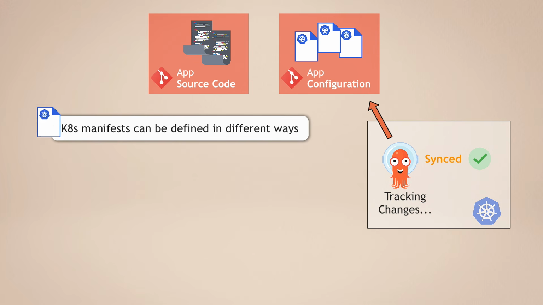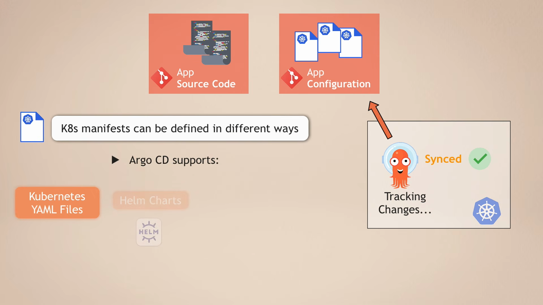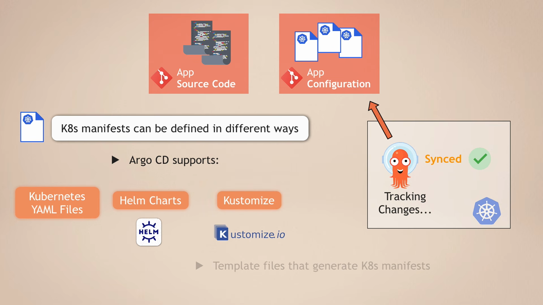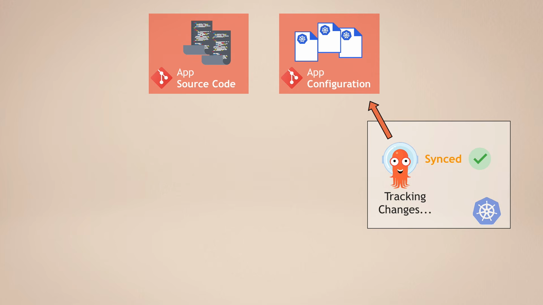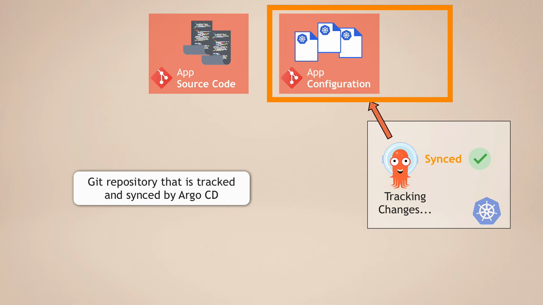ArgoCD supports Kubernetes manifests defined as plain YAML files, Helm charts, customized files, or other template files, which eventually all get generated into plain Kubernetes YAML files. So you can use all of these with ArgoCD. And the repository for configuration files, which is tracked and synced by ArgoCD, which is a GitOps tool, is sometimes also called a GitOps repository.